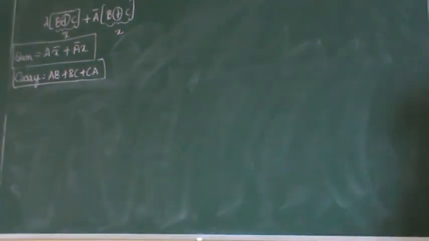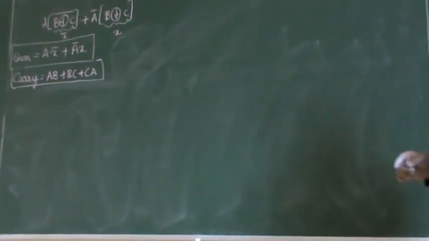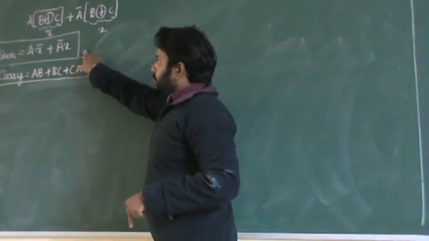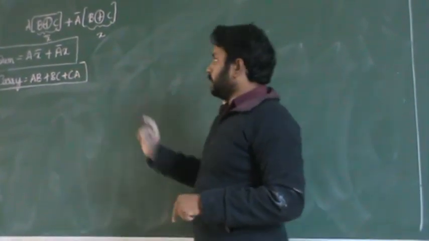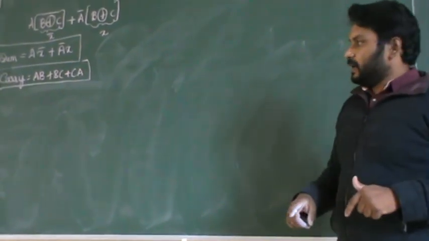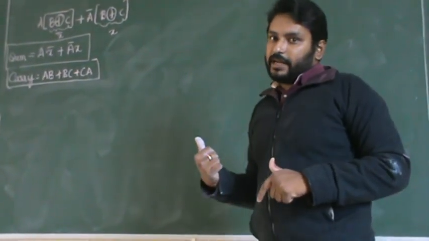In the next video, I will be explaining how to write the circuit diagram by making use of these 2 expressions. Just copy down these 2 expressions for sum and carry. Then later on we can write down the circuit diagram for it.